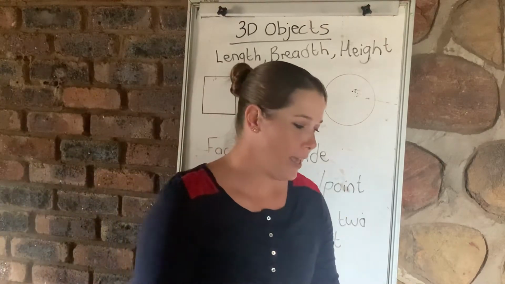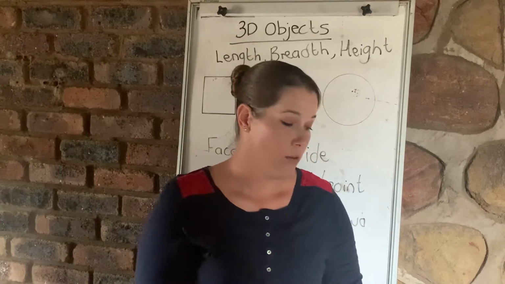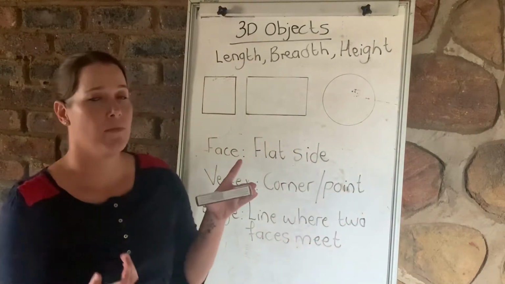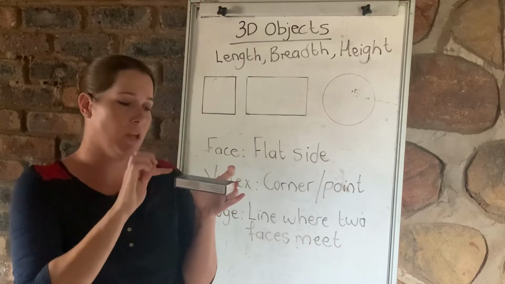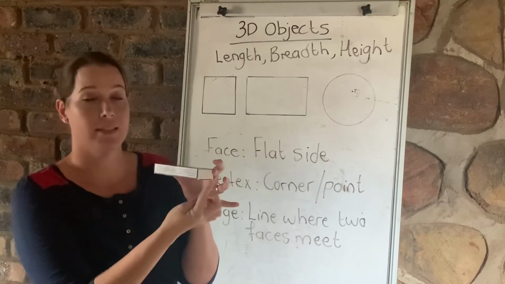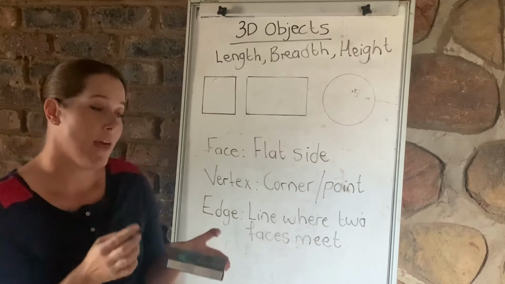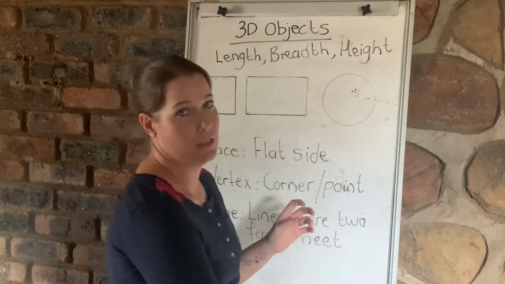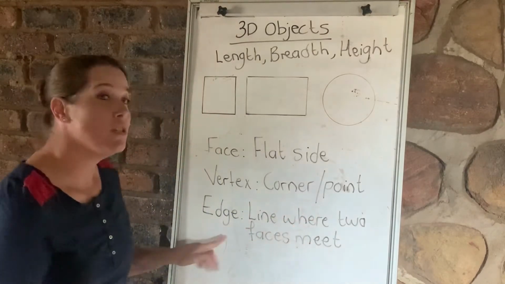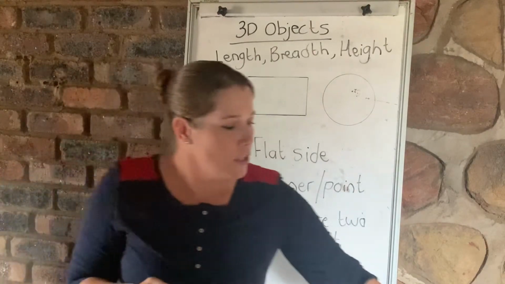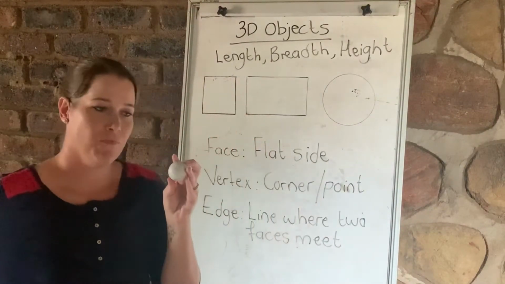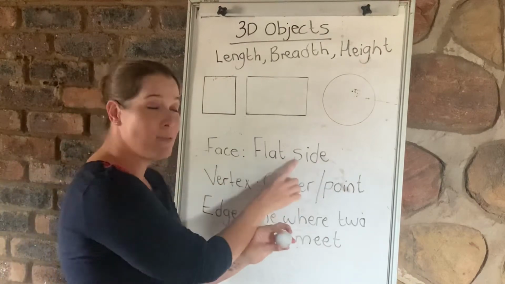If we look at a rectangular prism, same thing. We count the corners, 1, 2, 3, 4, 5, 6, 7, and 8. That is a face and a vertex. Now an edge is where 2 faces meet. So if we look at a sphere, for example, a face is a flat part.